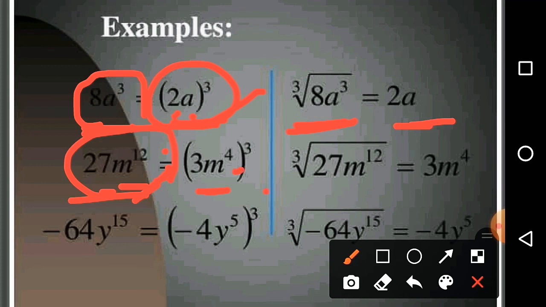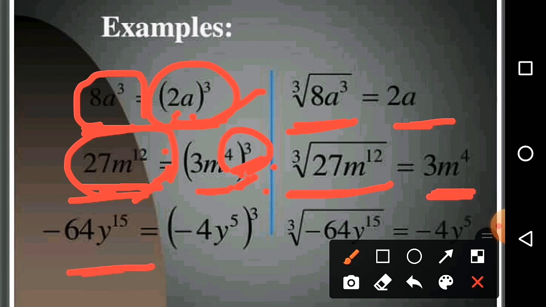We can write m raised to 4, because 4 3s are 12. So 3 times is 27, and m raised to 4, 3 times: m raised to 4 into m raised to 4 into m raised to 4. The power will get added up, so it will be 12. So the cube root of 27m raised to 12 will be 3m raised to 4.